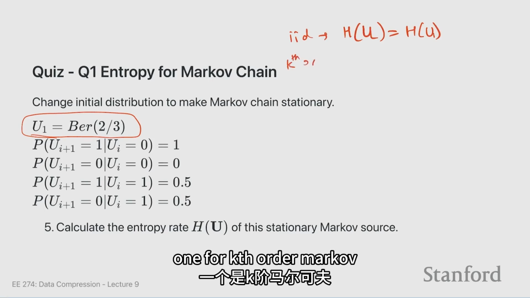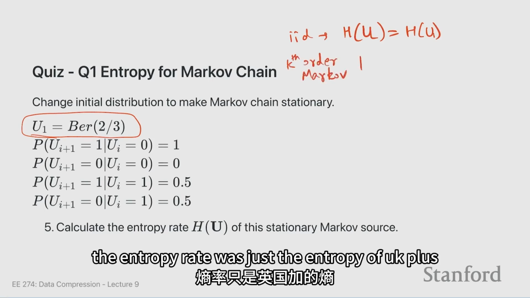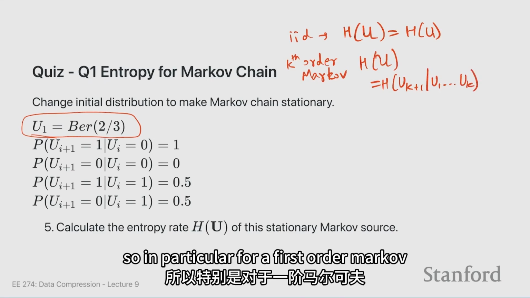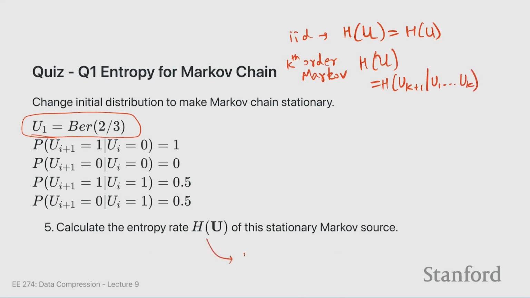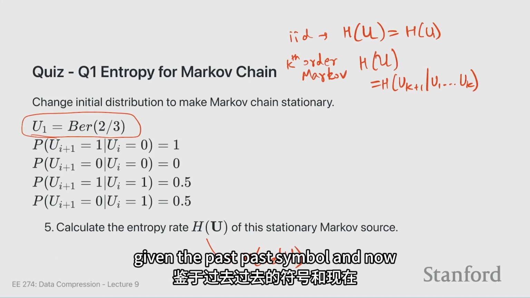For kth order Markov, the entropy rate was just the entropy of U(k+1) given all the past symbols. So in particular for a first order Markov, this is just going to be U2 given U1, the entropy of U2 given the past symbol.